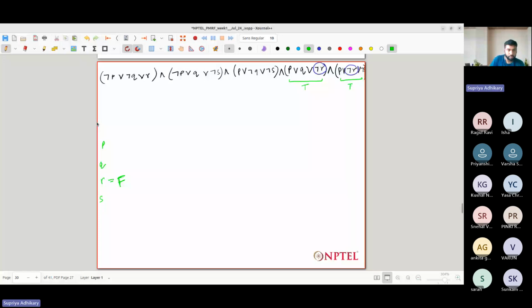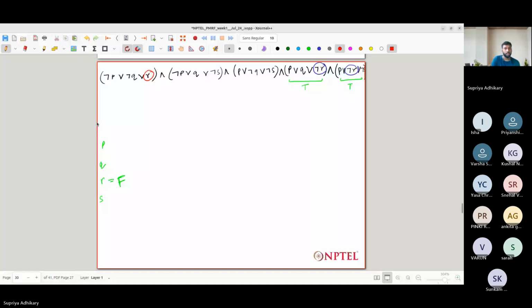Now, if R has been assigned the value false, then either negation P or negation Q has to be true. So let's say that we assign a false value to P. If you assign a false value to P, that means negation P over here and negation P over here are both true. So then these two clauses will have the truth.